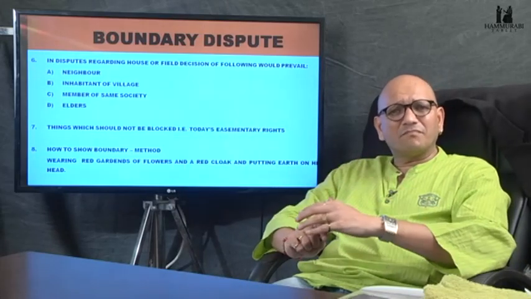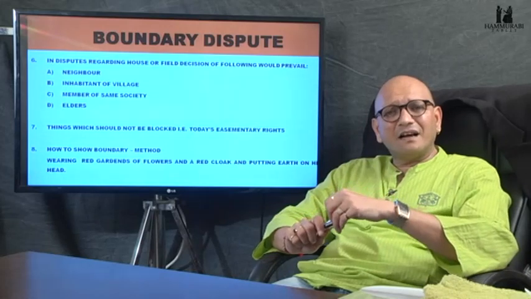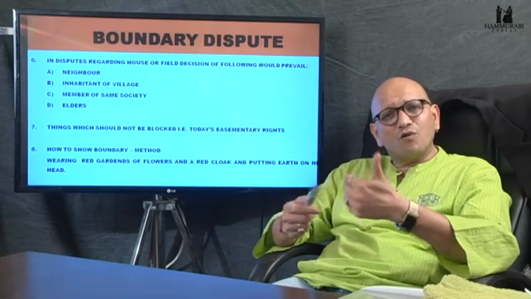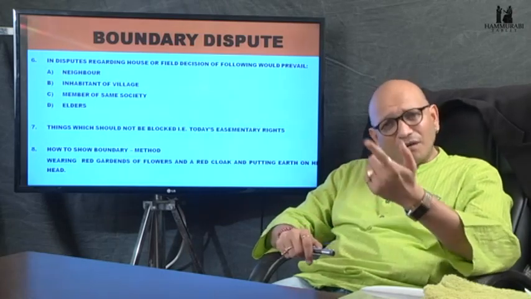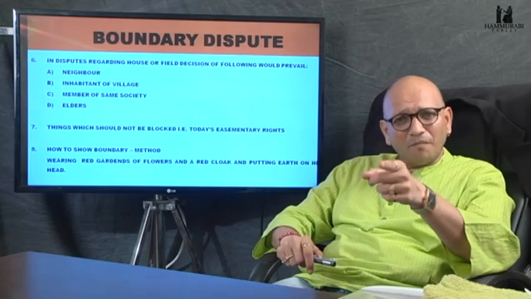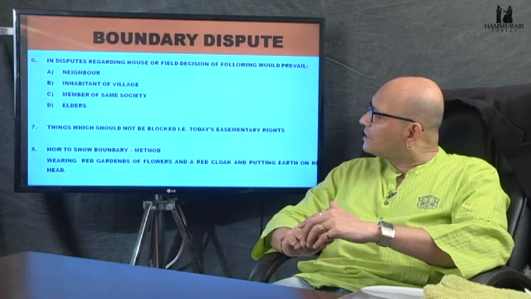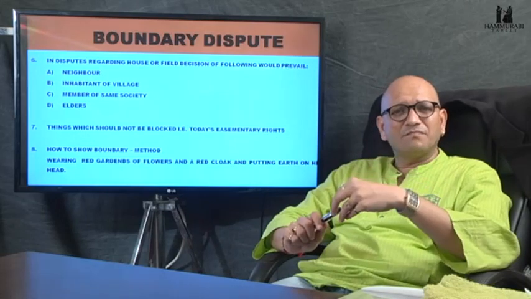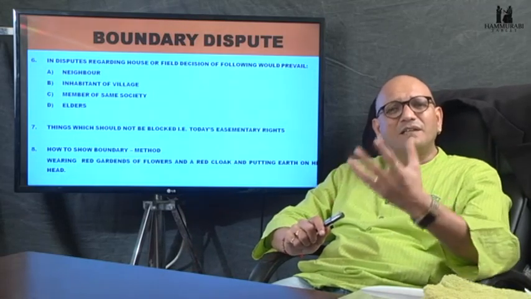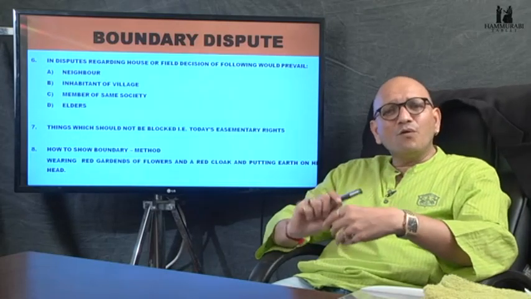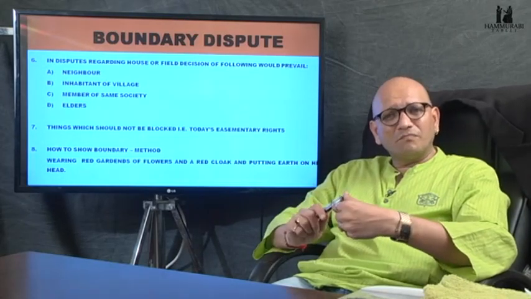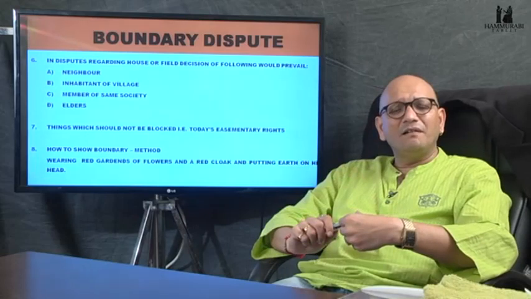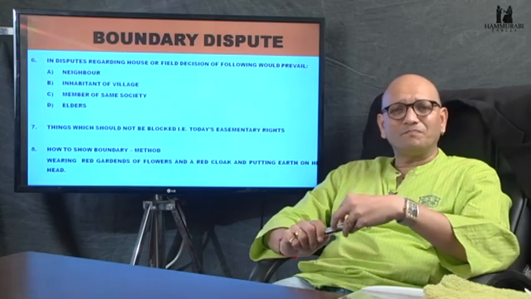A neighbor is a person who is aware as regards the boundary, because he wants to safeguard his own house and own field, so he will obviously demarcate a boundary in a proper manner. Then, inhabitants of the village. The villagers in a particular village obviously have several discussions between them. So they know which field belongs to whom, what is the distance of that field, and what is the boundary mark of that field. All these things are known to them.